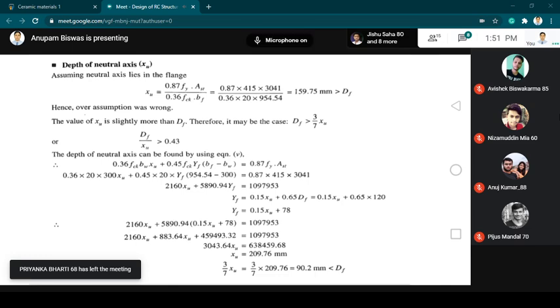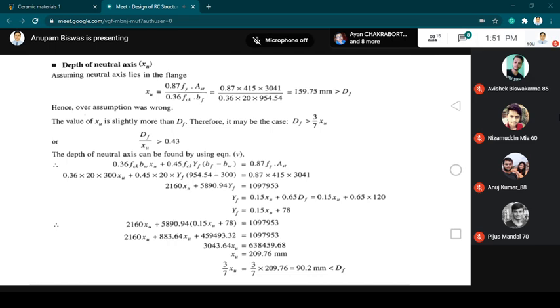Okay, so for this value, the depth of neutral axis is more than the depth of the flange, that is coming case number 2, xu is more than Df.